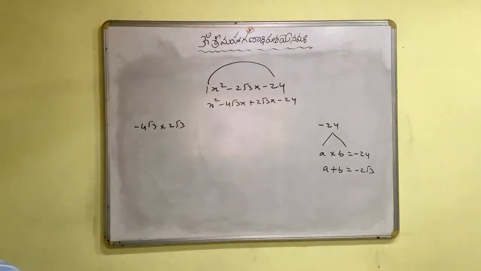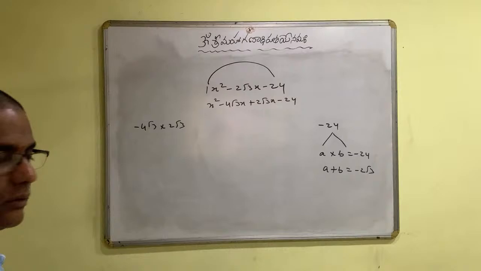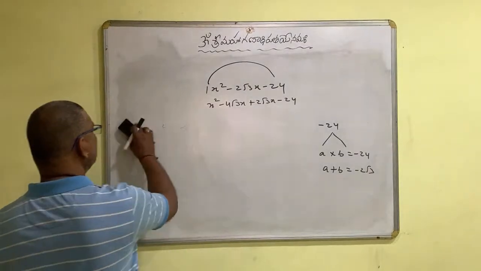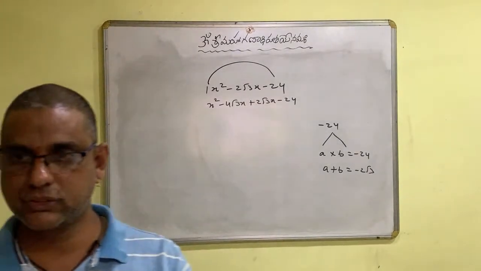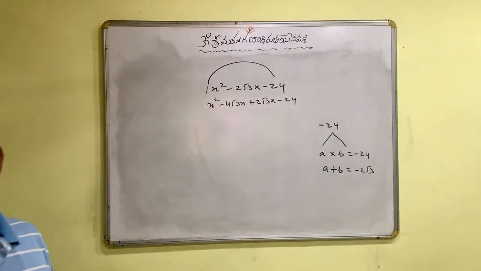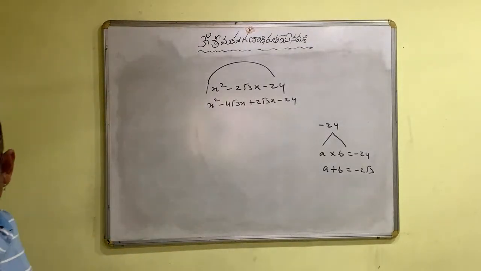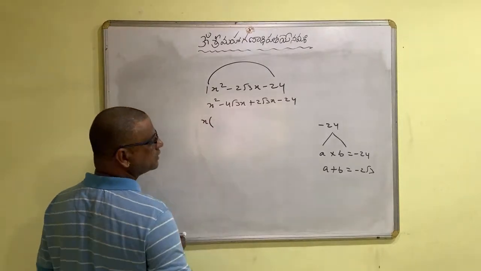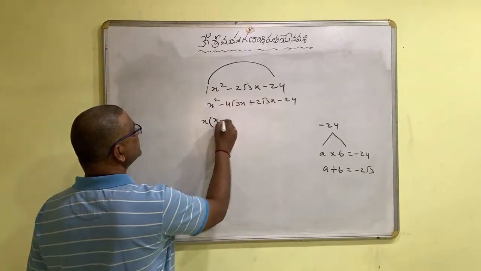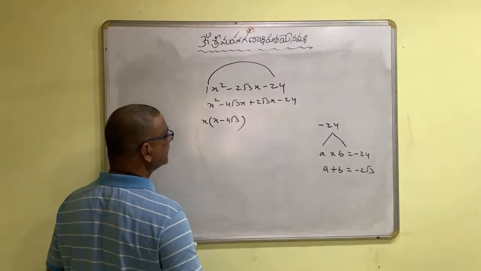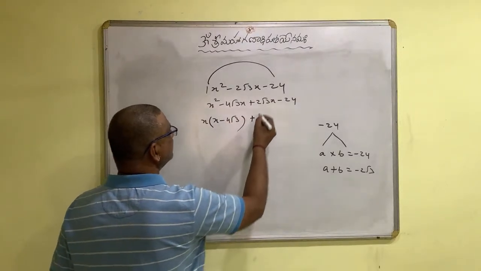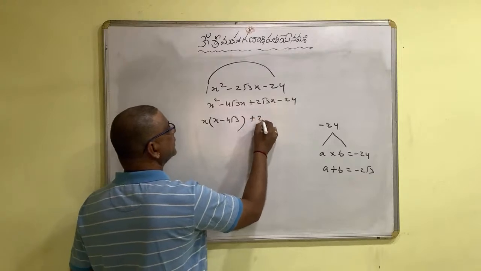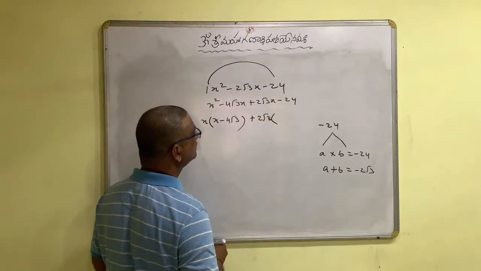Okay. Now from the first two terms, we can take x common. Remaining is x minus 4 root 3. And from the second two terms, we can take 2 root 3 common.